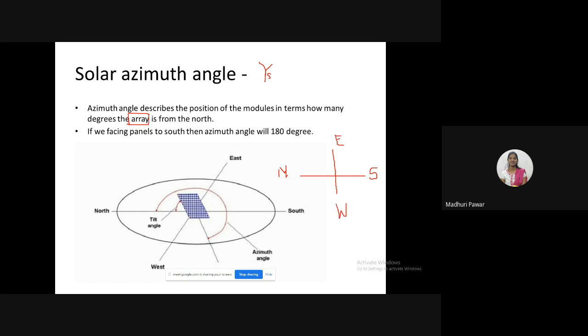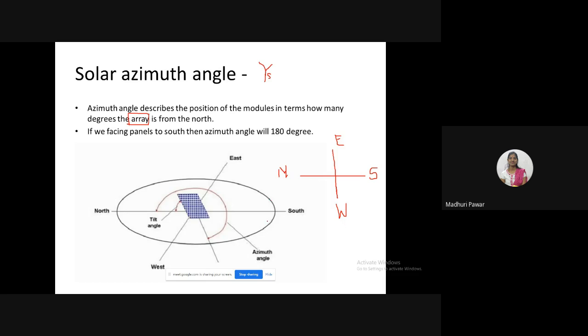Suppose these are the compass directions, and suppose we kept our solar module or solar panel towards the east. East means here. If we put our solar panel's surface towards the east, what happens? From the east the sun rises. The sun rises in the morning.